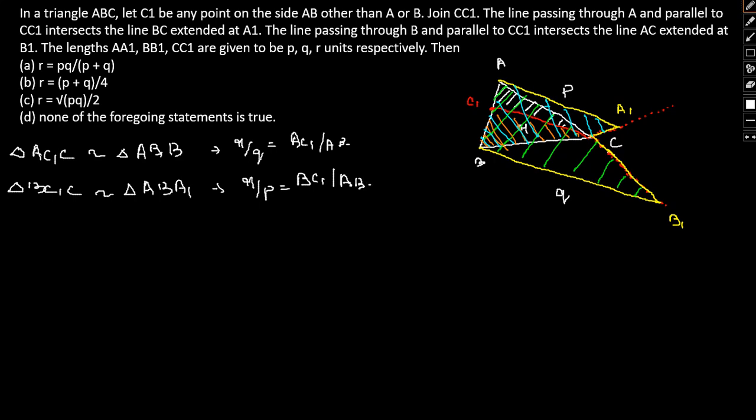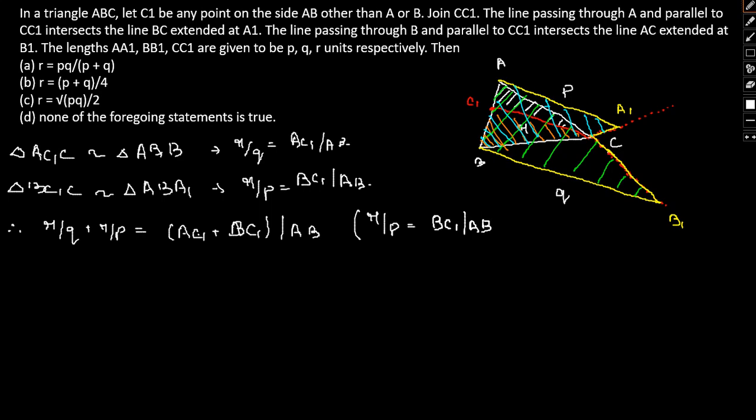Therefore we can write R by Q plus R by P as AC1 plus BC1 by AB. Why AB? Because we have R by P equal to BC1 by AB as well.